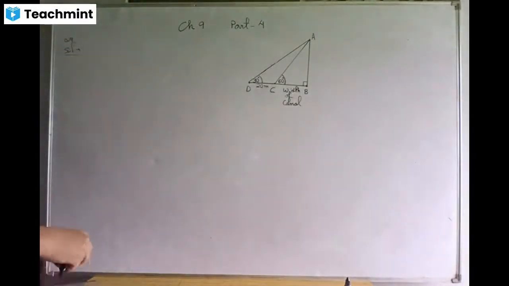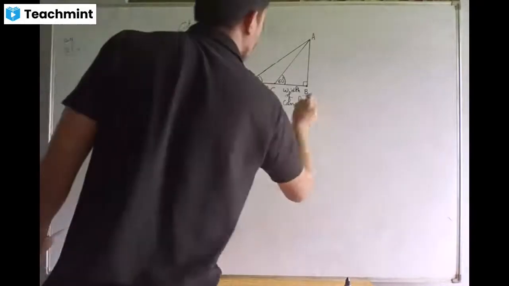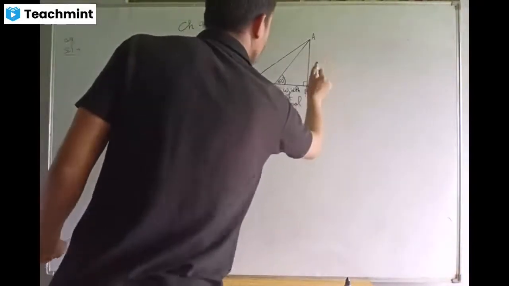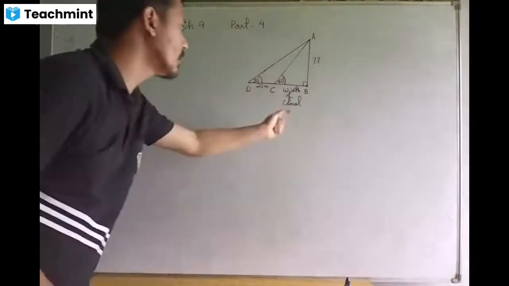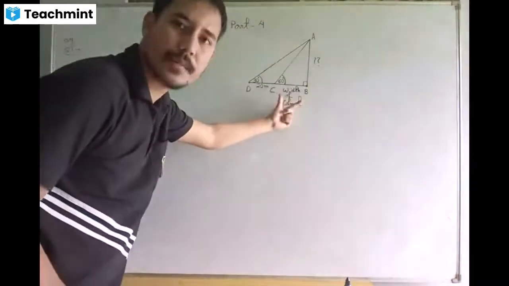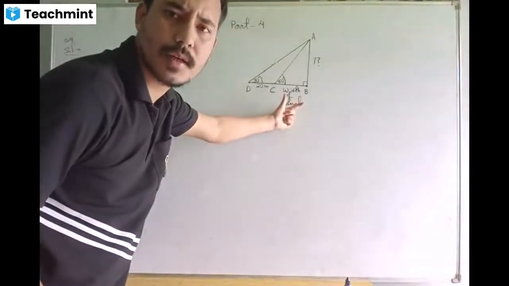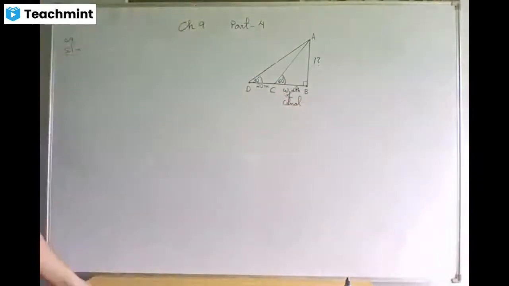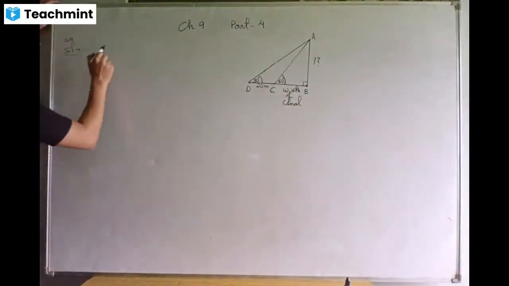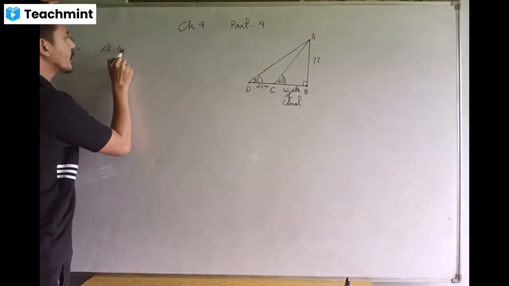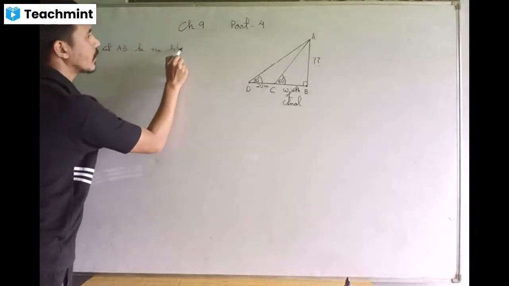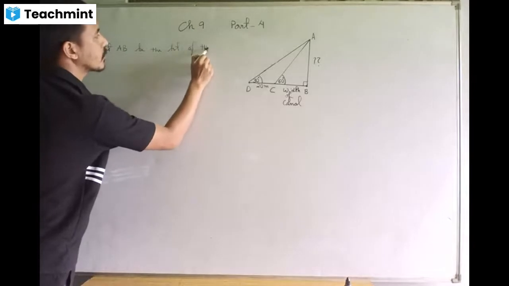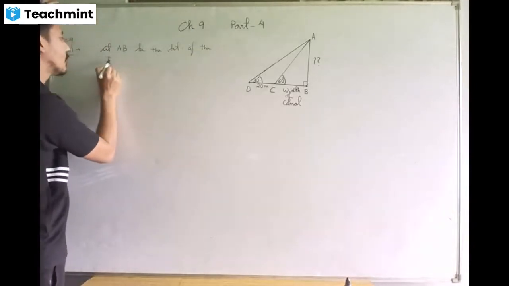So question is, you want to find out the height of the tower, that is AB, and the width of the canal, that is BC. BC is the width of the canal. So let AB be the height of the TV tower.